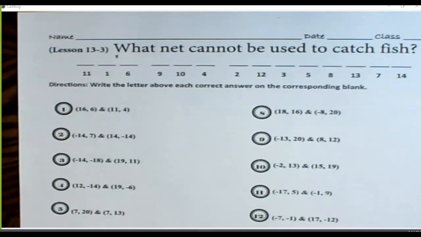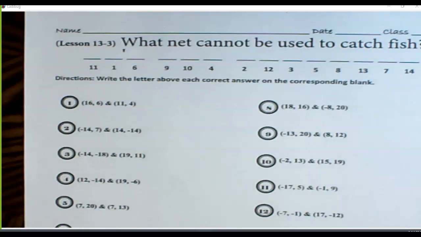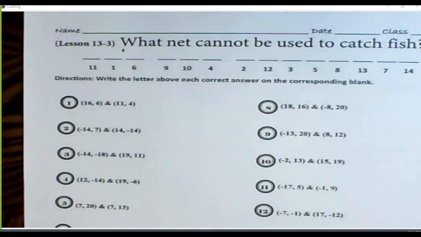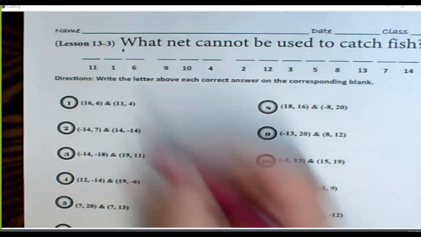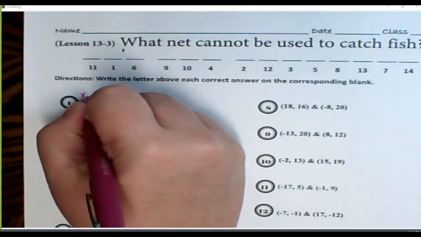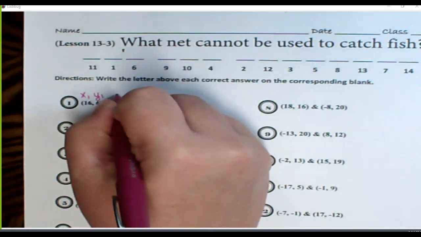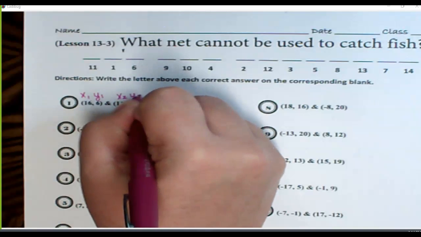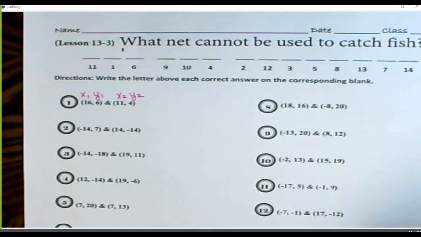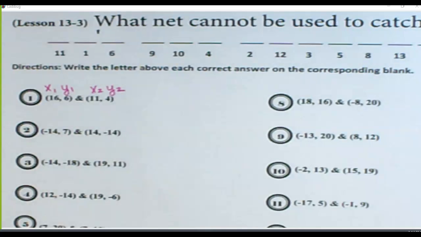All right, number 1. What's the first step I need to do? I need to label the points. So x1, y1, x2, y2. See if I make it a little bit bigger.